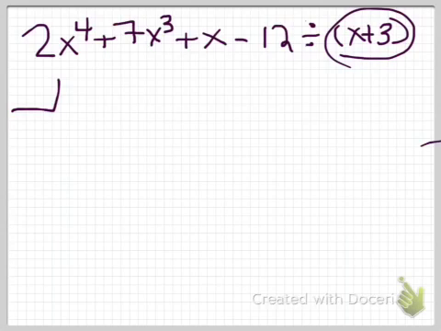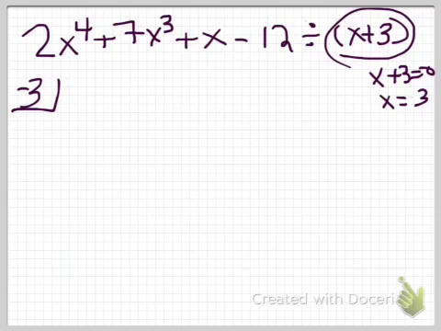So we're not going to put a plus 3 in our little box. We're going to need to set this x plus 3 equal to 0, and then subtract 3 from each side, and we're going to get x equals negative 3.